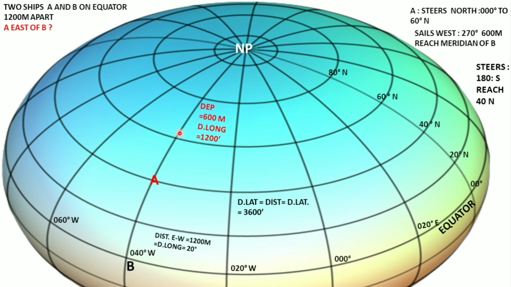And the distance covered from 60 degrees to 40 degrees was done along a meridian. So that d lat would be my distance also. At 20 degrees, what I have done is also the distance in miles, 1,200 miles. And the d long of A from the starting point is still the same, 1,200 minutes.